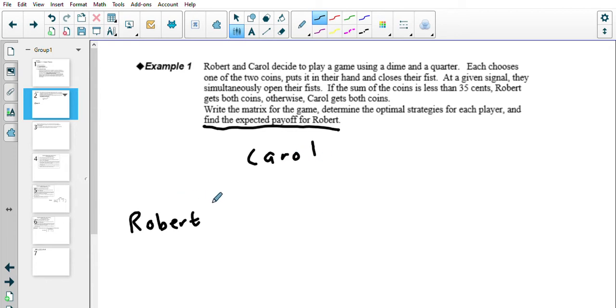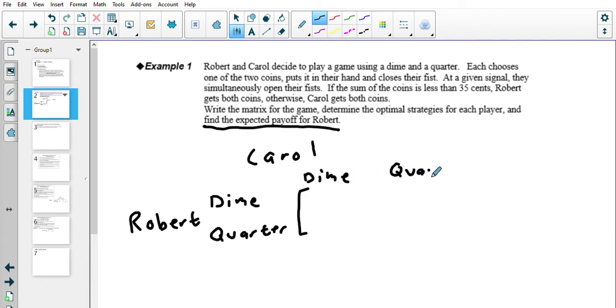And they both have two options, either a dime or a quarter. Right? So those are the possible options for each player, is to either show the dime or the quarter.